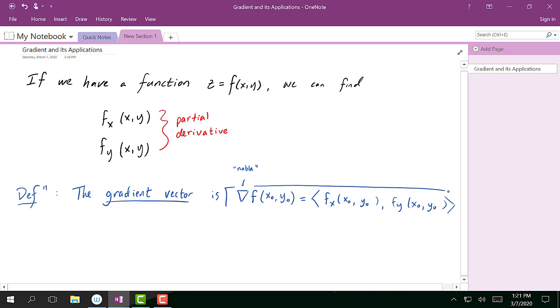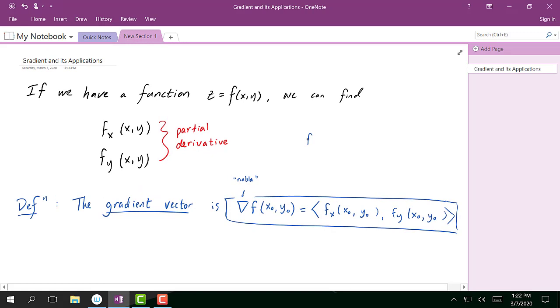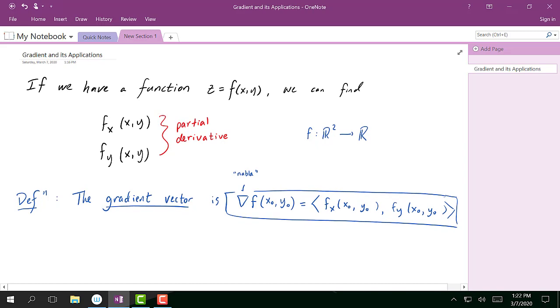All right, this is our first important definition of the day. And what you'll see is that the function f has input of two real numbers x and y, so it goes from R2, and it outputs some number z, so we get one real number, R. If you remember when I talked about functional signature from the last video.